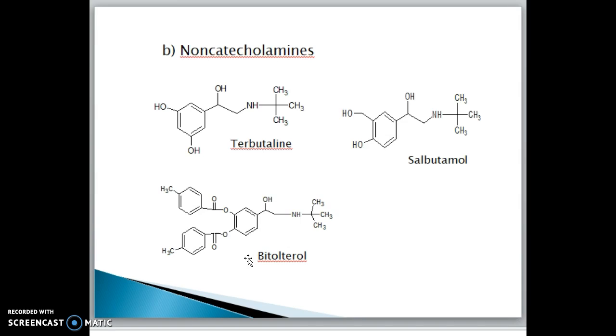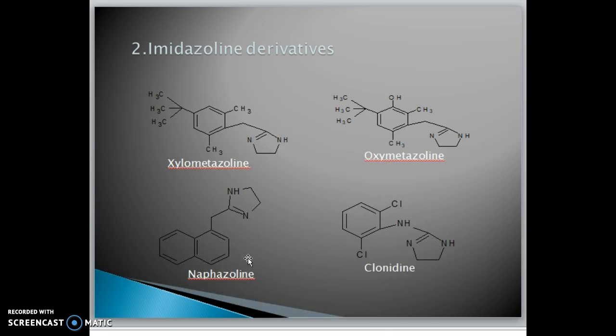Here we can observe examples like terbutaline, salbutamol and bitolterol. Terbutaline consists of a tertiary butyl group, and in salbutamol the catechol ring is modified by replacement of OH with a hydroxymethyl group, and bitolterol consists of an ester replacement of hydrogen. So like this we have some non-catecholamines under phenethylamine derivatives.